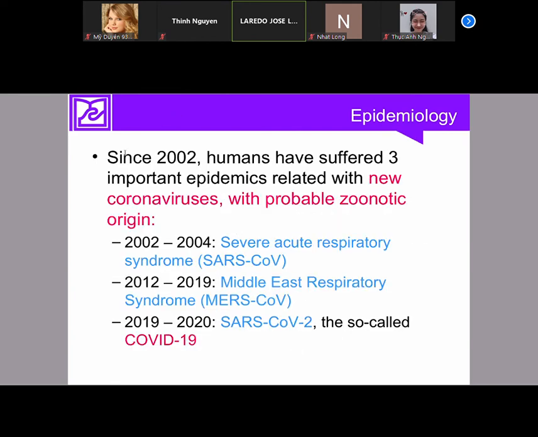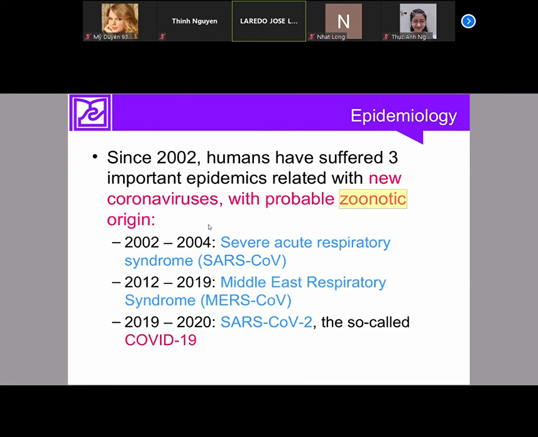However, in the last 18 years, new coronaviruses have appeared. And these new coronaviruses are all of them zoonotic, so from animals to humans. And these new coronaviruses cause severe disease, sometimes, not always.